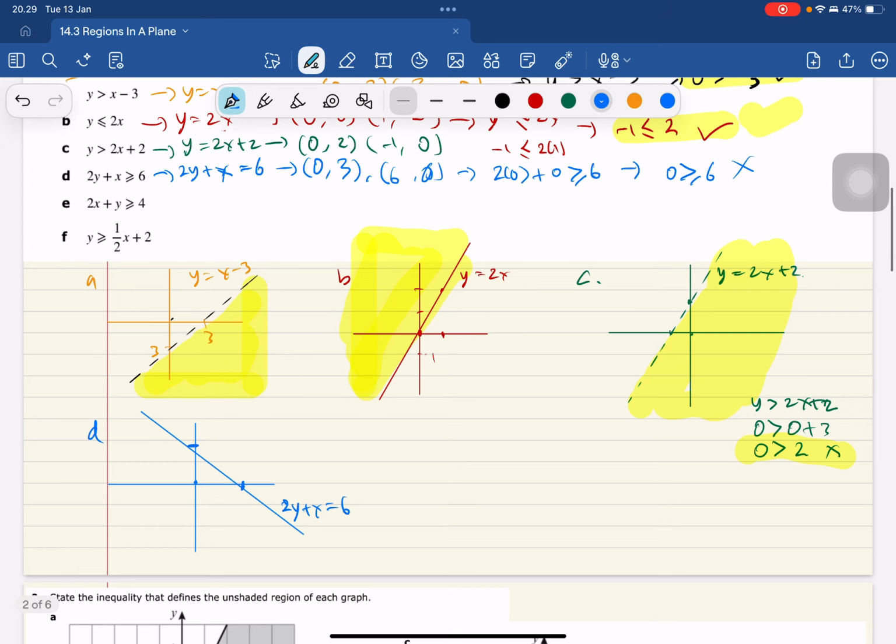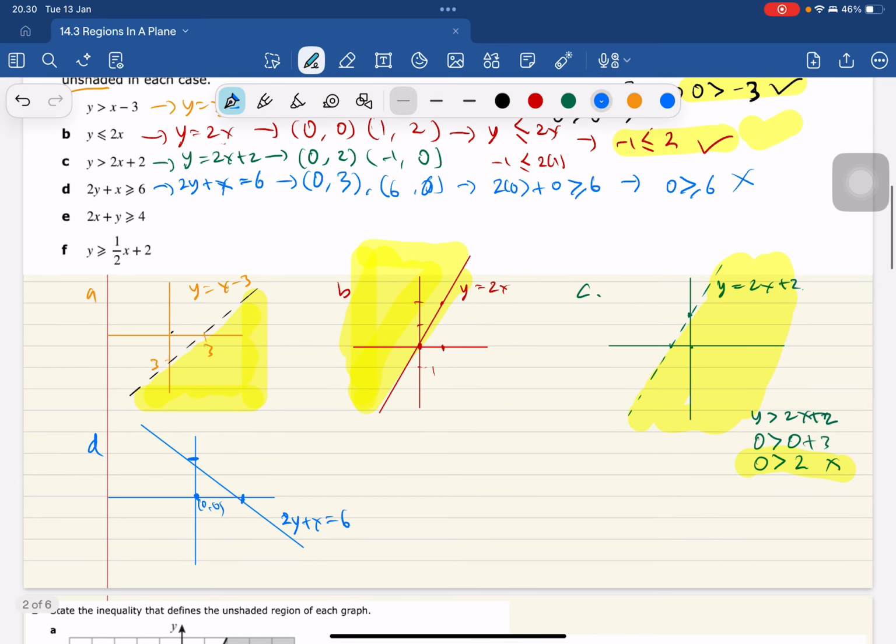2y, okay, here, bigger than. So we will try this equation with the origin 0, 0.